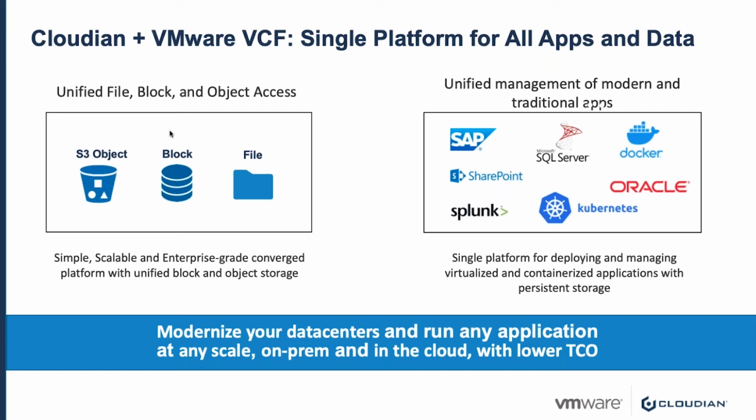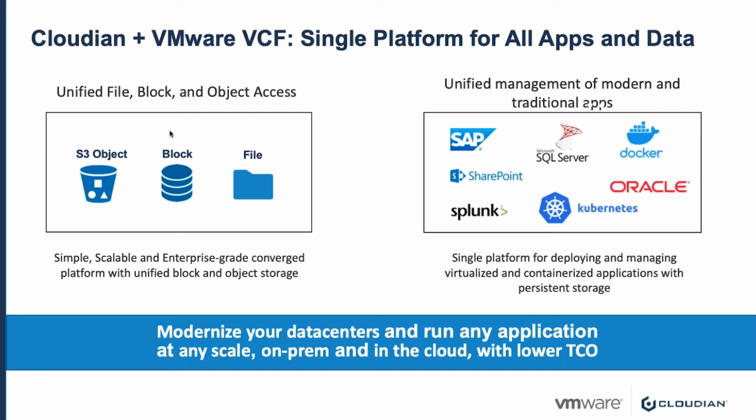And with the Cloudian integration on data persistence platform, we have that all important object services as well on this platform. So customers can just use one platform and get all of these abstractions available on the platform. And more importantly, another aspect to this is they can have one consolidated platform for both their modern as well as traditional applications, right?